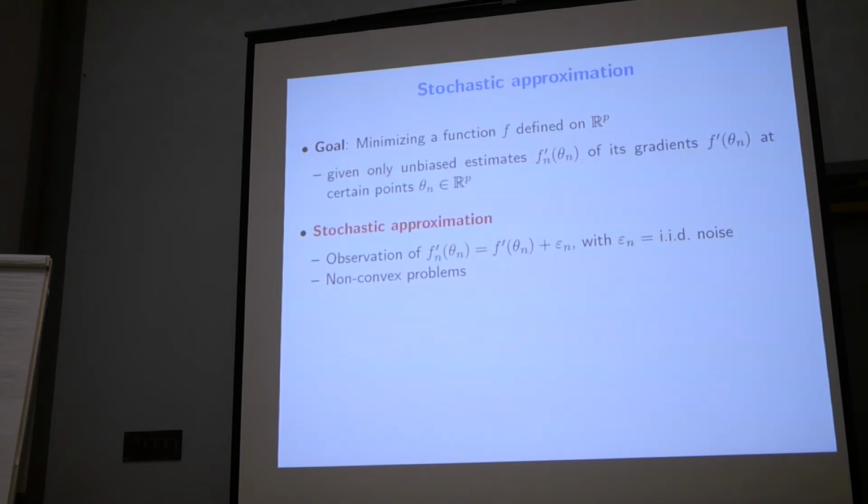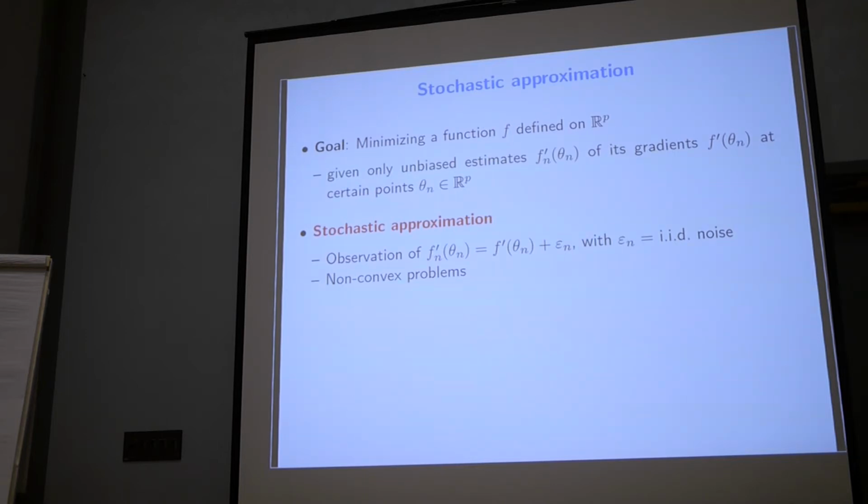So what is stochastic approximation? Those are techniques which are aimed at minimizing a function f, but which you cannot observe. In the context of machine learning, f will be the expected loss on unseen data. So f you never have access to, but you have access to an unbiased estimate, which I will call f prime n, which is an unbiased estimate of the true gradient f prime of theta n.